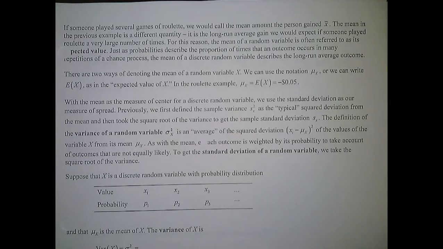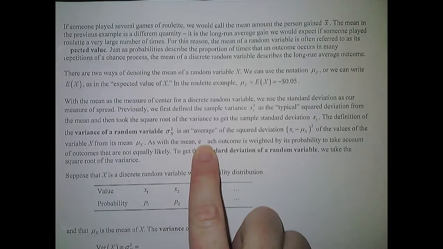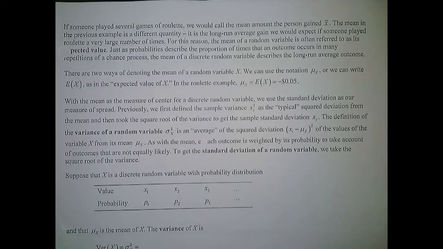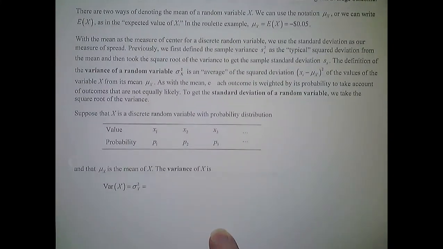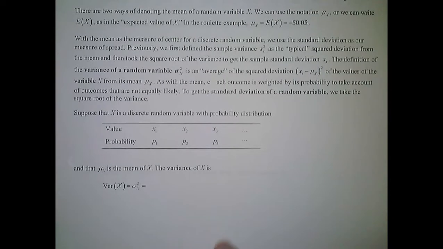As with the mean, each outcome is weighted by its probability to take into account that the outcomes are not equally likely. To get the standard deviation of a random variable, we take the square root of its variance.